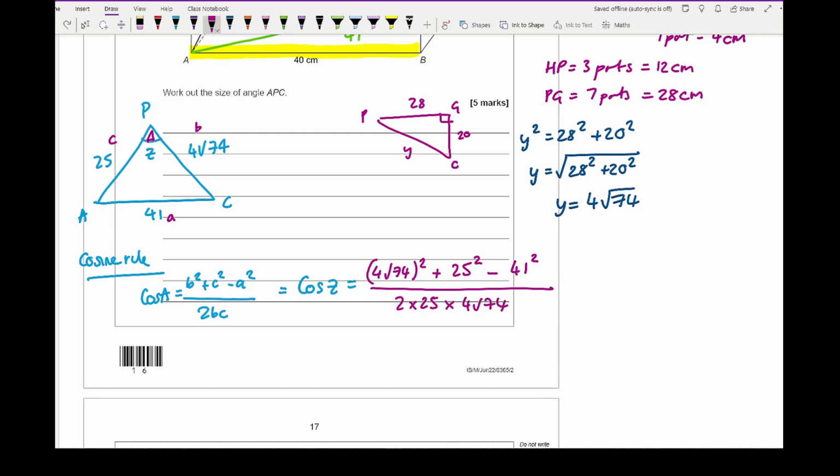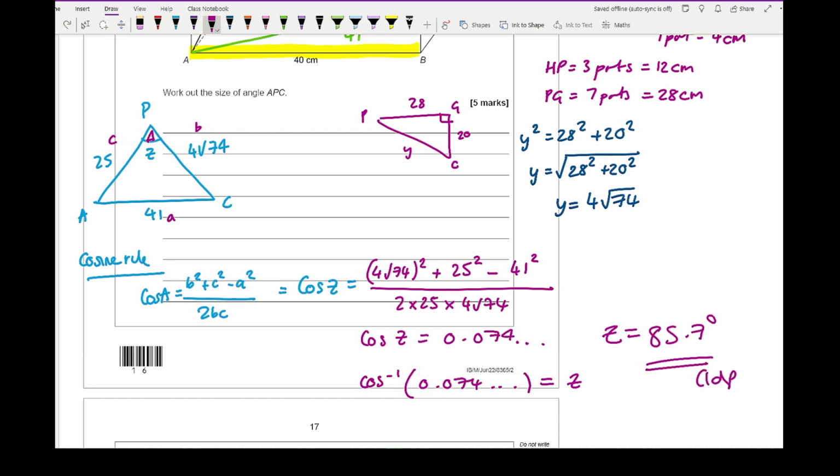Now if I type that all into my calculator, I end up with a cos z value of 0.074 blah blah blah. And then if I do the inverse cos of that, I end up with a z value, and that z value is going to equal 85.7 degrees, to 1 decimal place.